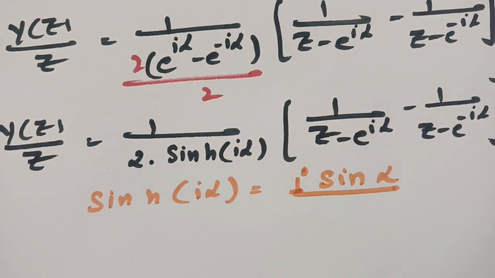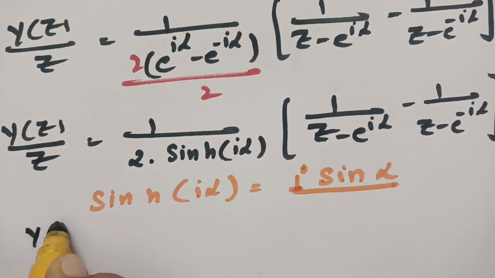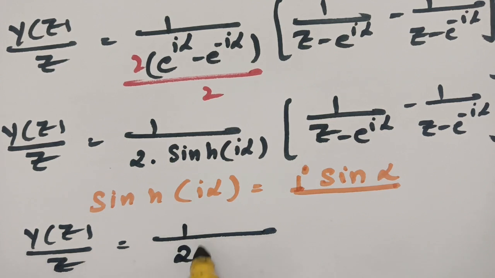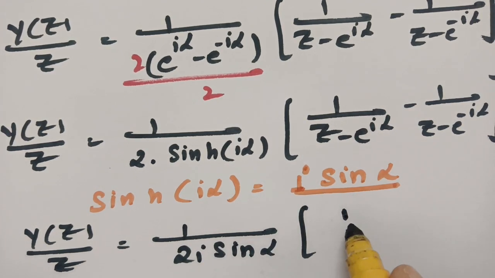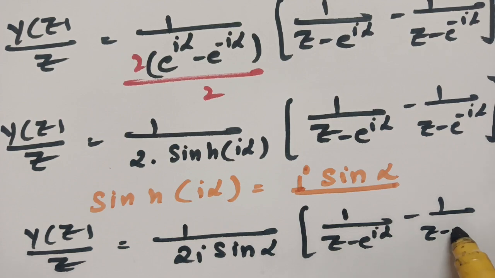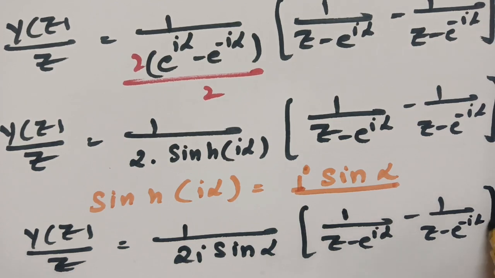Now I am going to substitute this sine alpha here. So y of z by z can be written as 1 by 2i into sine alpha, into 1 by z minus e power i alpha minus 1 by z minus e power minus i alpha.